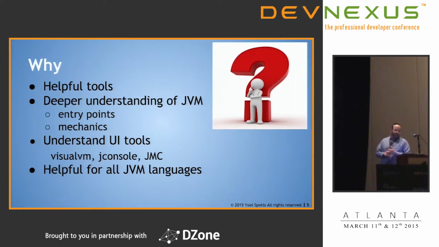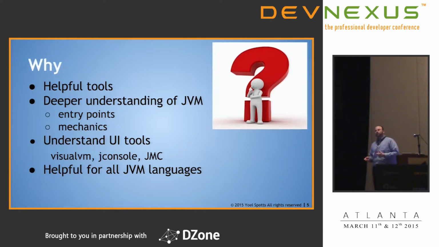Second thing is, even if we never use these tools, I think you'll see that an understanding of how these tools work and what they accomplish will give you a deeper understanding of the JVM. When you're going through the process of developing code, even putting it in production, it's very easy to just look at your code as a series of bytecodes and to not think past the JVM in terms of bytecodes and the execution of those bytecodes.